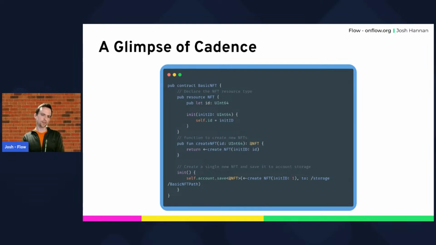And then at the bottom of this, we have this init method that's declared in the contract, where it starts to introduce some of the account API in Cadence, where we're saving a created NFT object directly in the account where the contract is deployed, to this storage path. So it's illustrating that these assets are actual objects that are stored in an account.